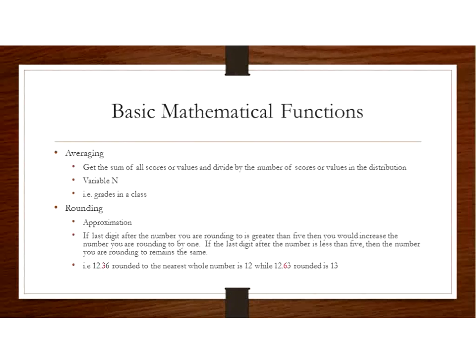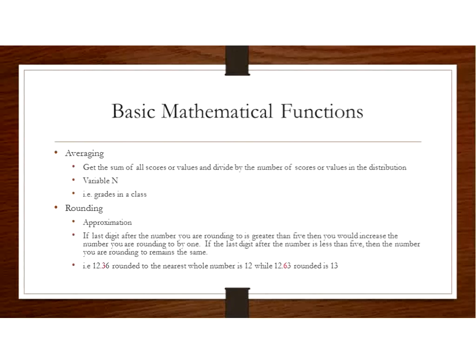If I want to round this decimal to the nearest whole number, I want to consider the number 3 because 12 is the whole number. So 3 is the number we're going to consider. Now, is 3 greater than 5 or less than 5? 3 is less than 5. Therefore, the last digit of the number I want to round to will remain the same, which is the 2. So when I round 12.36 to the nearest whole number, my answer is 12.